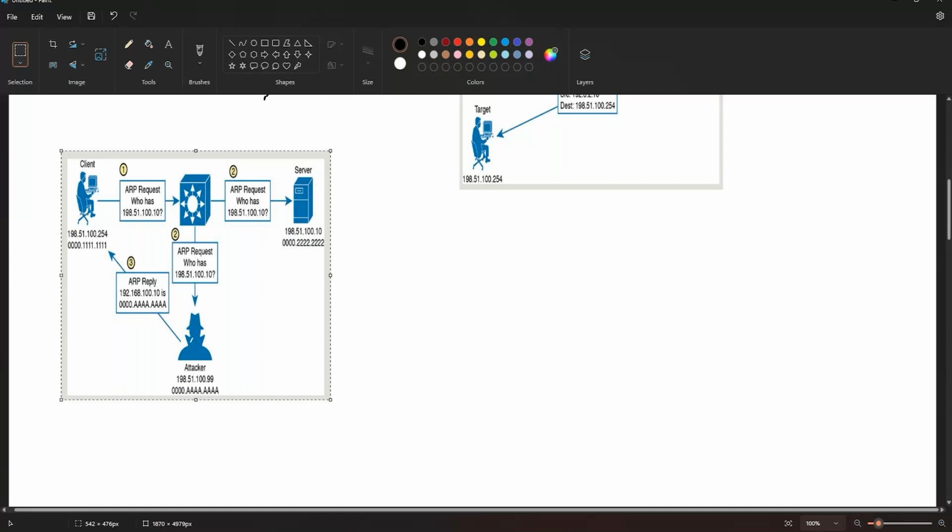Now what does the client do? Client will send the data to the attacker directly, right? So that is also happening in a man in the middle attack.